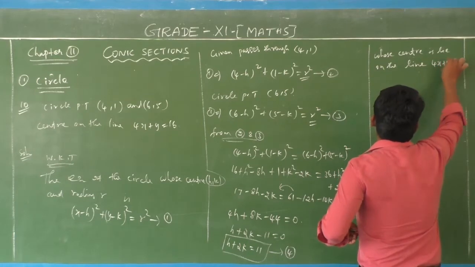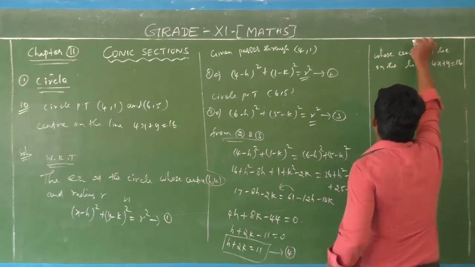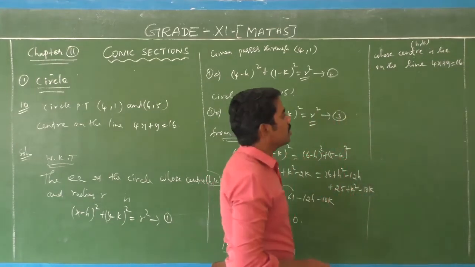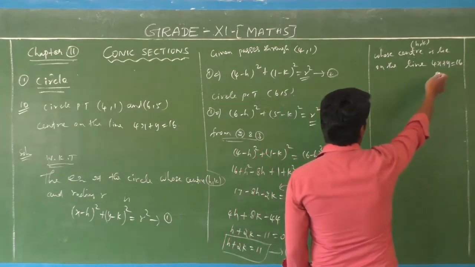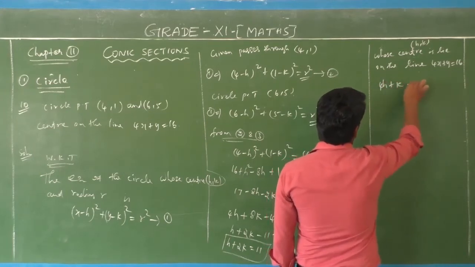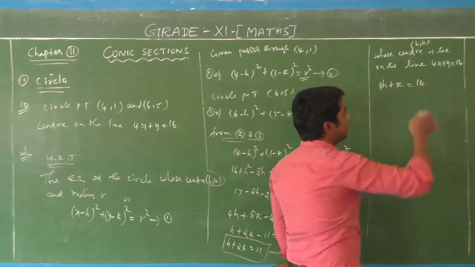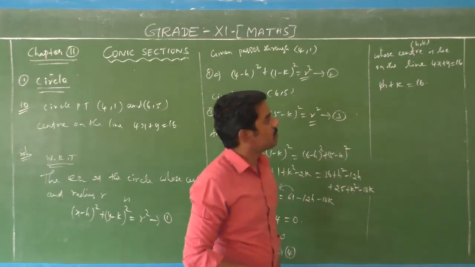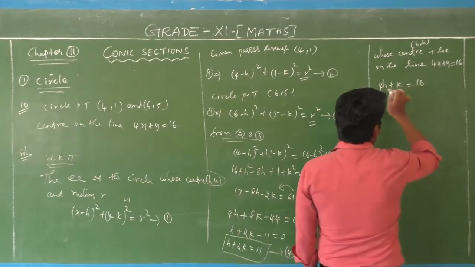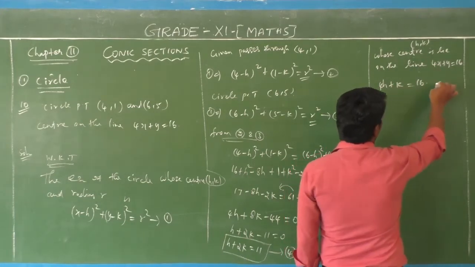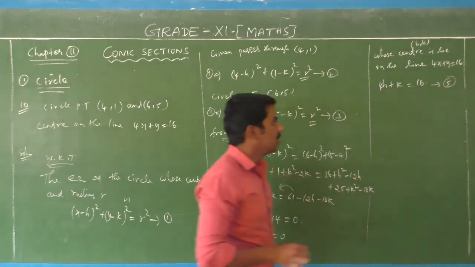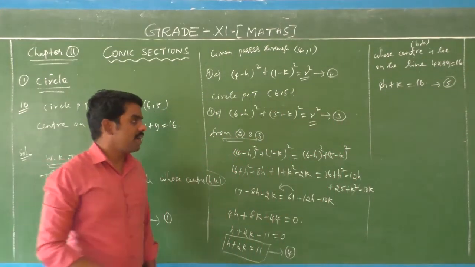Here the center is (h, k), so substitute x and y value: 4h plus k is equal to 16. The center (h, k) is lying on the line 4x plus y equal to 16, so x and y value is h, k. This is equation number 5. Solve equation number 4 and 5.